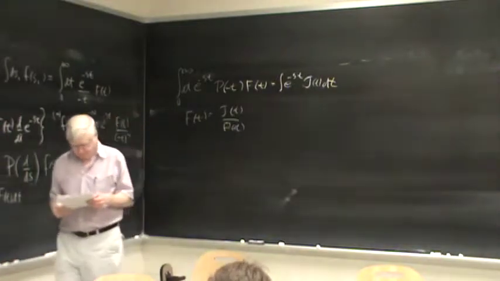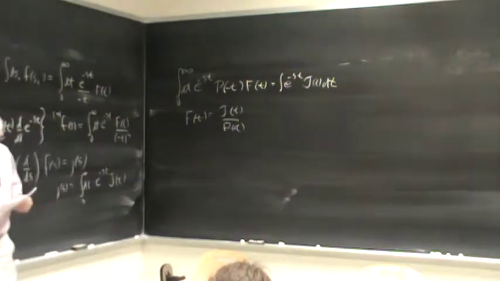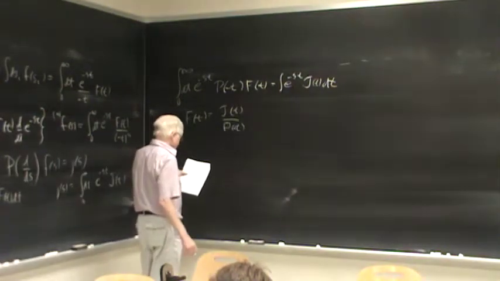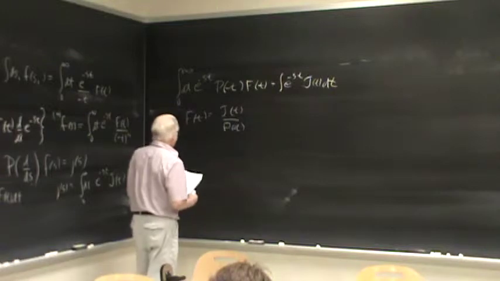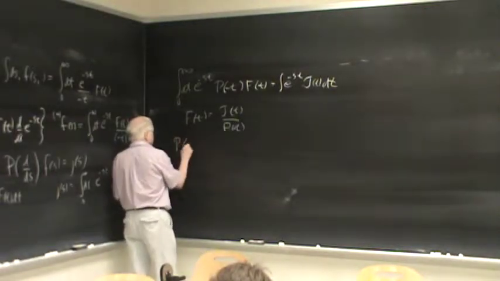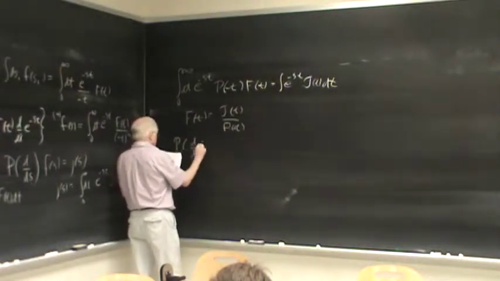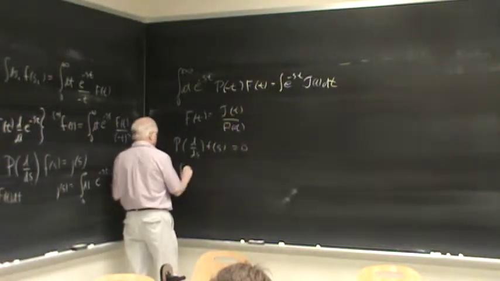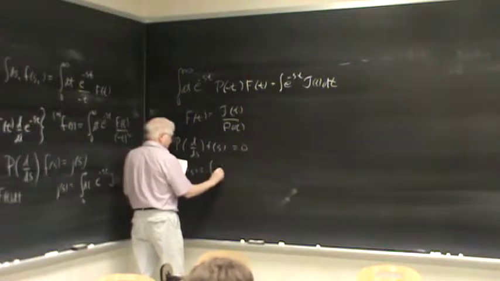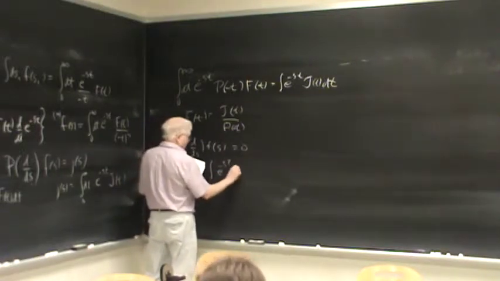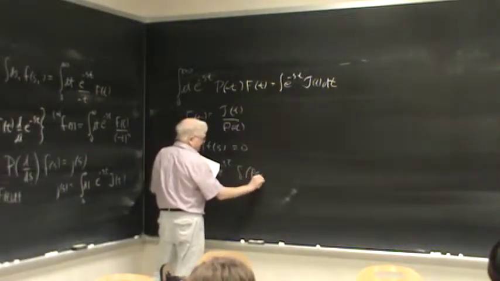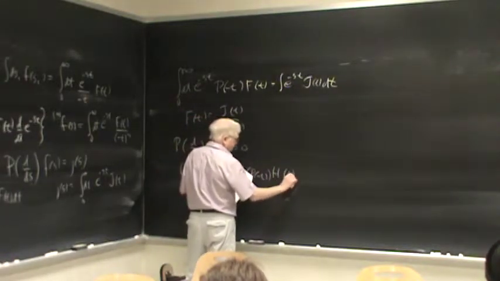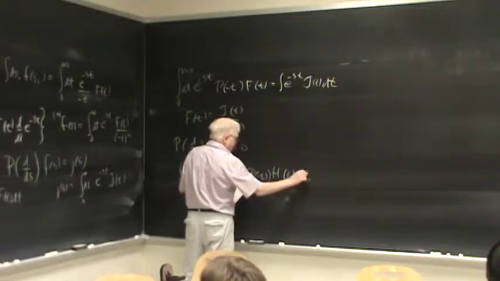And one way of dealing with that is, once again, to rely upon Dirac. So we want a solution of P of d by ds on F of s equal to 0. Well, we can say F of s is integral e to the minus st delta of P of minus t h of t dt.